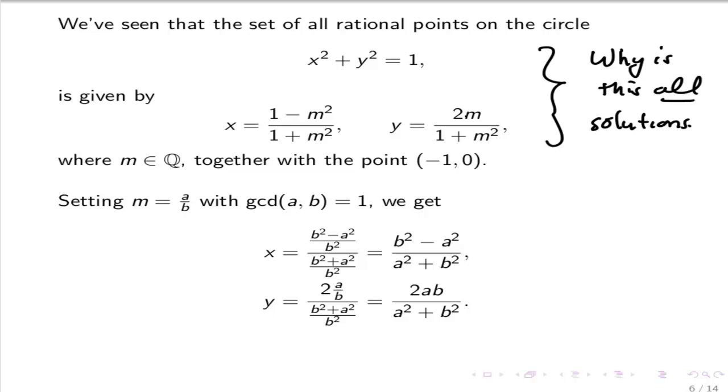And y, plug it into the 2m equation, is 2a over b, and get the common denominator here, and then flip this, cancel out one of the b's, and we get 2ab over a squared plus b squared. So this is another way of describing the rational points using integers a and b.